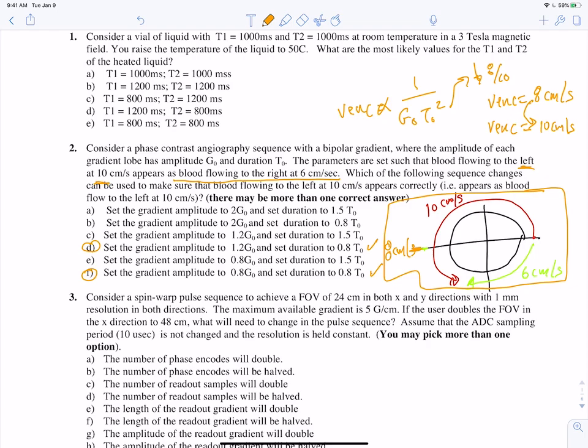So then how can D and F be true? Is that the same 0.8 t, but their g's are different? Let's see. Well, the 10 is just the minimum you have to make it. You could make it bigger than 10, right? You could decrease it more, right? That's the minimum, but you could always decrease it more. You could make it 12, and that would be okay, right?